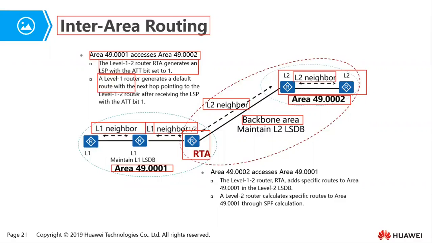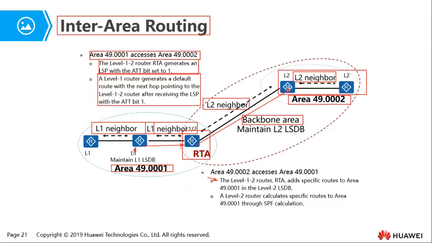Then a level 1 router will generate a default route with the next hop pointing to the level 1-2 router after receiving the LSP with the ATT bit set to 1. So anyone inside here, like this guy, will simply use this as the next hop in order to get to these guys. And it's almost similar for this side.